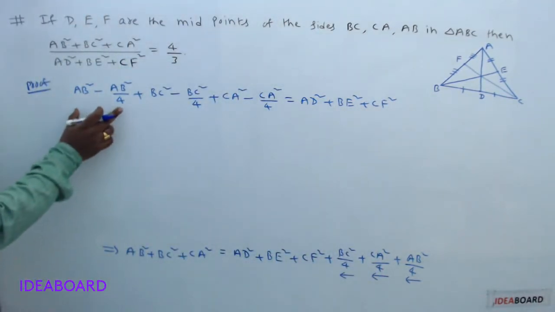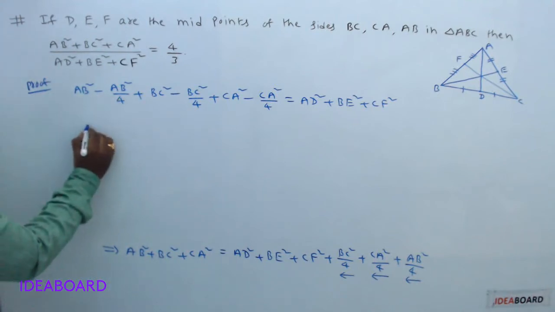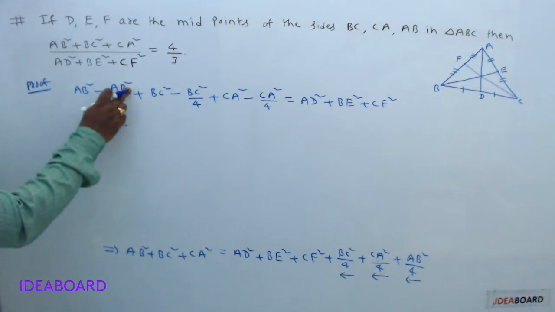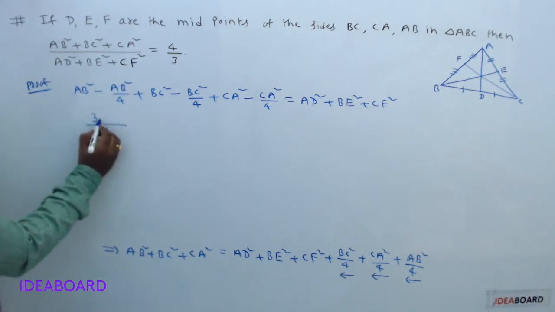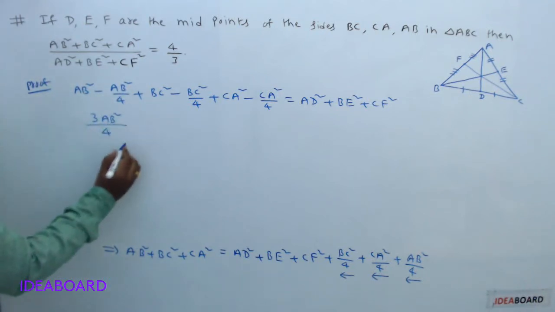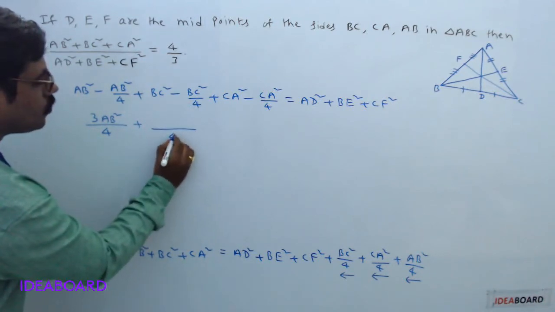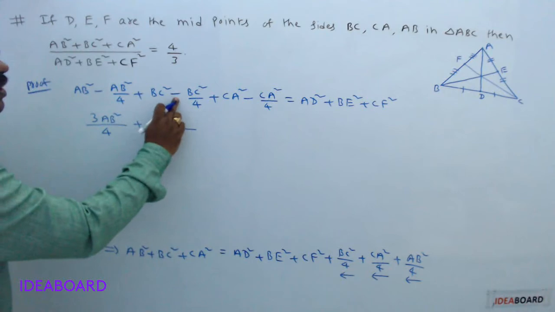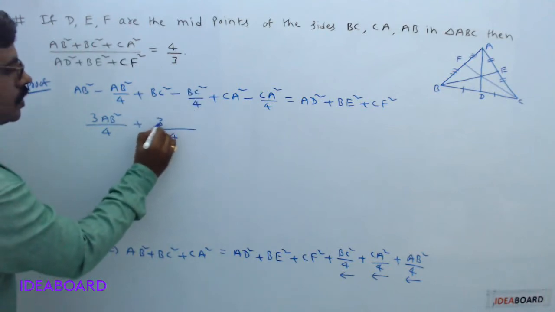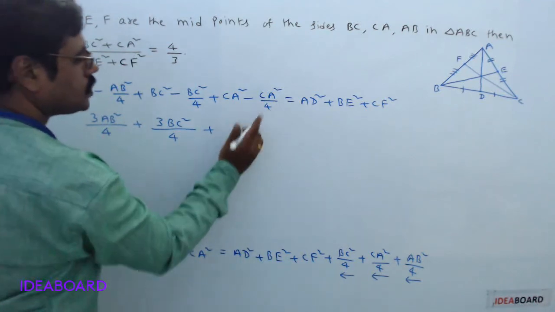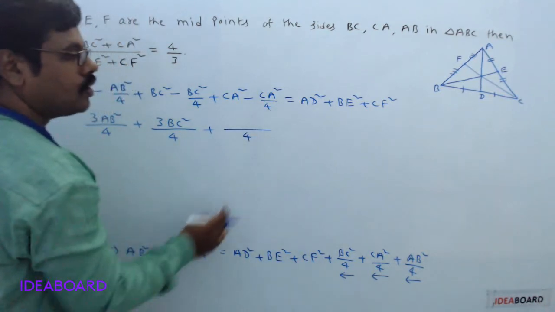Now here, what is the LCM for these two terms? 4. Now this is 4 into AB square minus AB square. So it will be 3 into AB square plus LCM for these two terms will be 4. 4 into BC square minus BC square. It is 3 into BC square plus LCM for these two terms is 4.